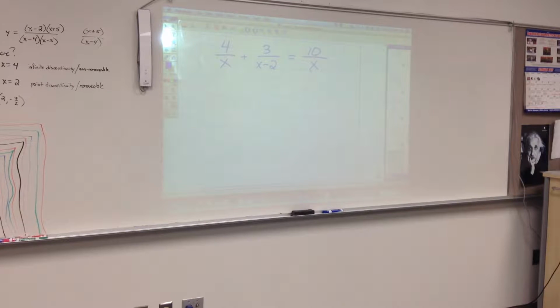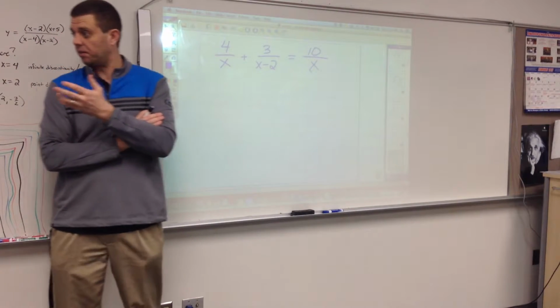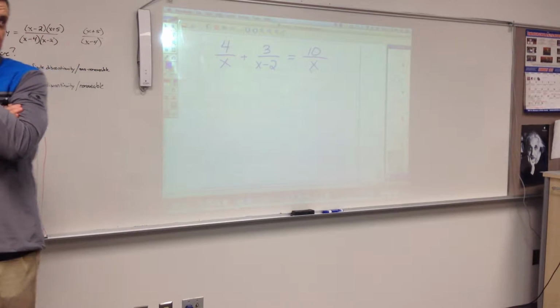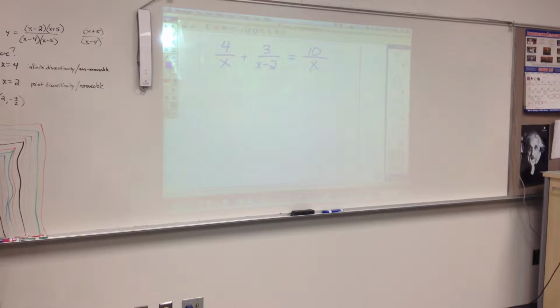Our thought process on the last few has been to do what? First step, multiply by the denominator. What makes this one a little more difficult? There's more than one denominator, right? And all the denominators are not the same.